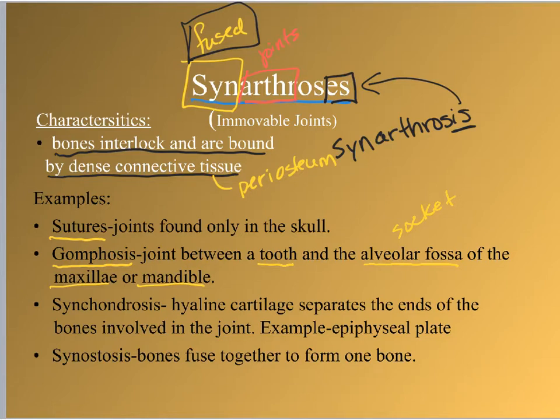There's also what we call a synchondrosis, and remember, chond refers to, you guys can say it with me, cartilage, right? So this is where hyaline cartilage is holding the bone together. Or another way to say that is hyaline cartilage separates the ends of the bones of the joint. So if you go back to endochondral ossification, remember that the epiphysis in a growing individual is separate from the diaphysis.